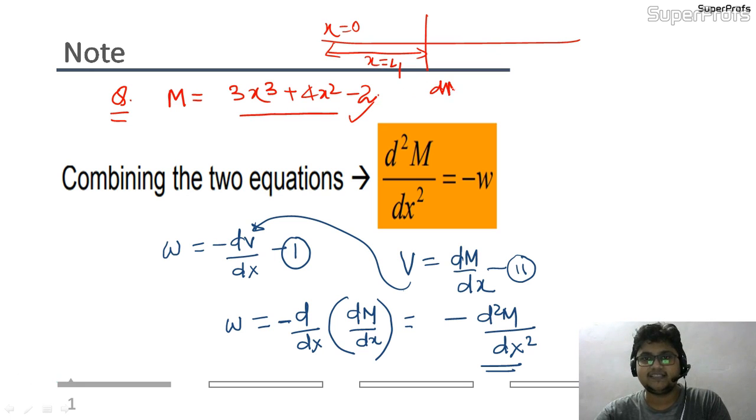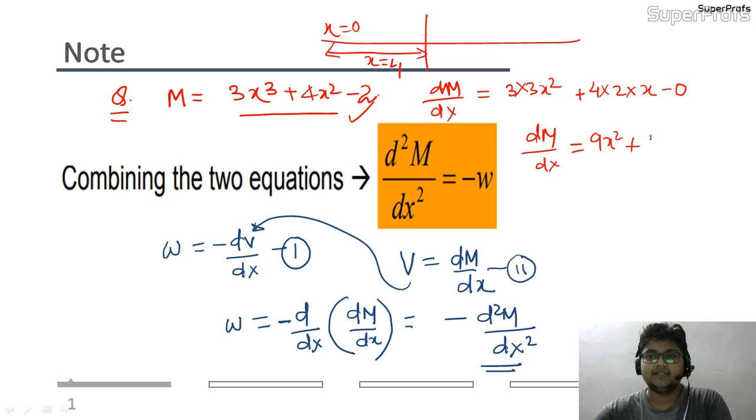The first differentiation gives 3 into x square plus 4 into 2 into x, and the differentiation of a constant is 0. So dM by dx comes out to be 9x square plus 8x.